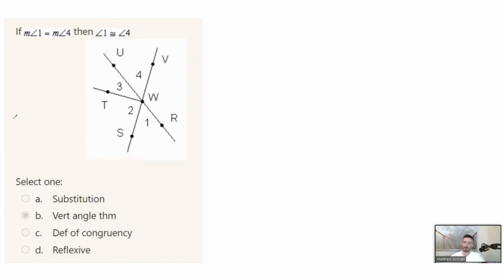Okay, well, let's write down what the vertical angle theorem would be. The vertical angle theorem, if you were to write it down as a conditional, would be if two angles are vertical, then they are congruent. But that's not what this is saying.